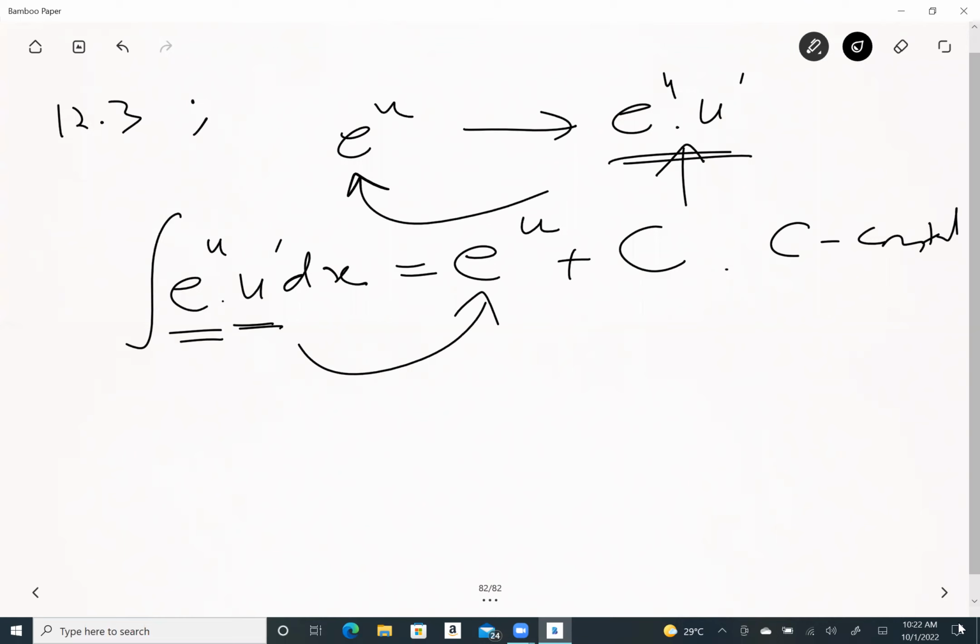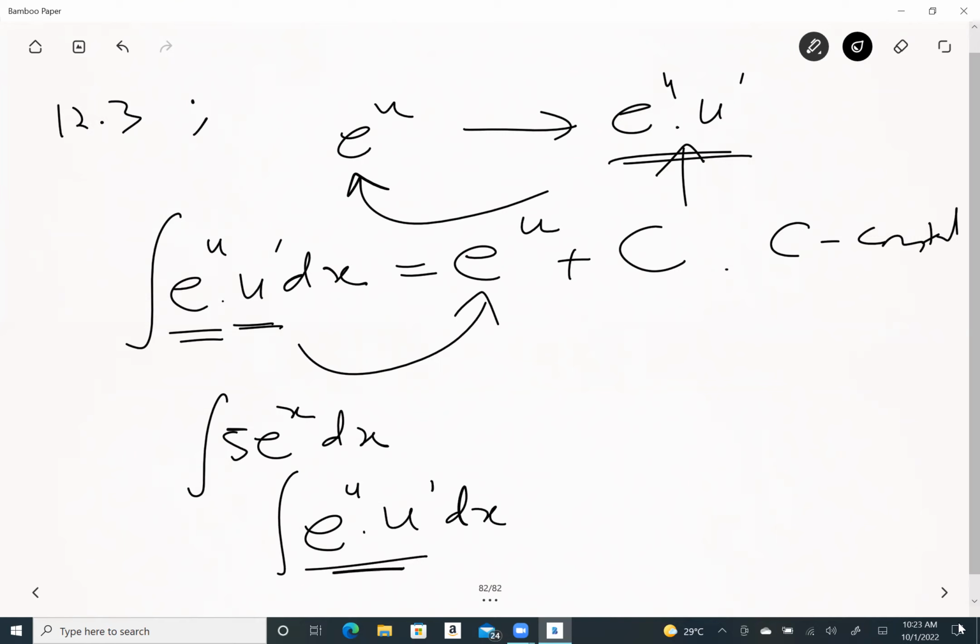If you look at the first example, example number 1, I want to find the integral of 5 e to the power of x dx. Now you look at e to the power of u times u prime. You must have this thing. So what you do here is let u be equal to x. And then what is u prime? u prime is equal to 1.